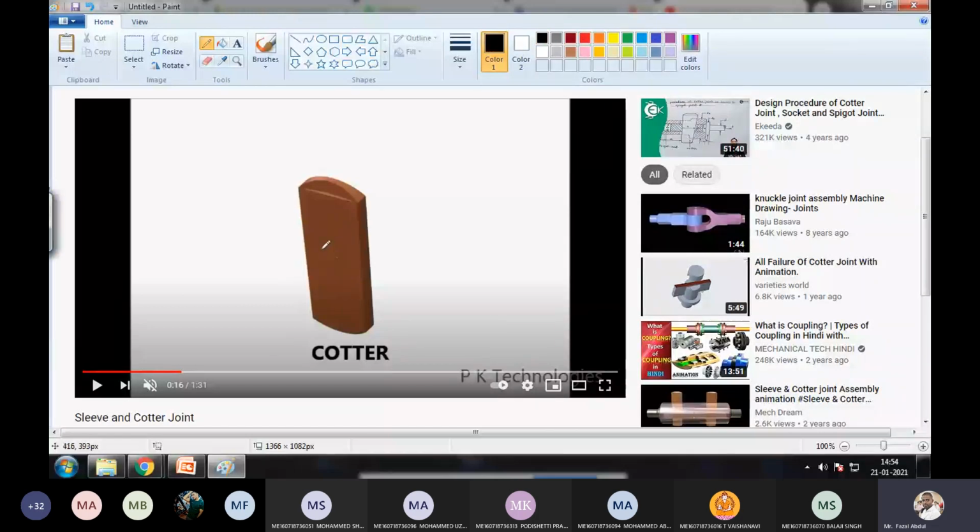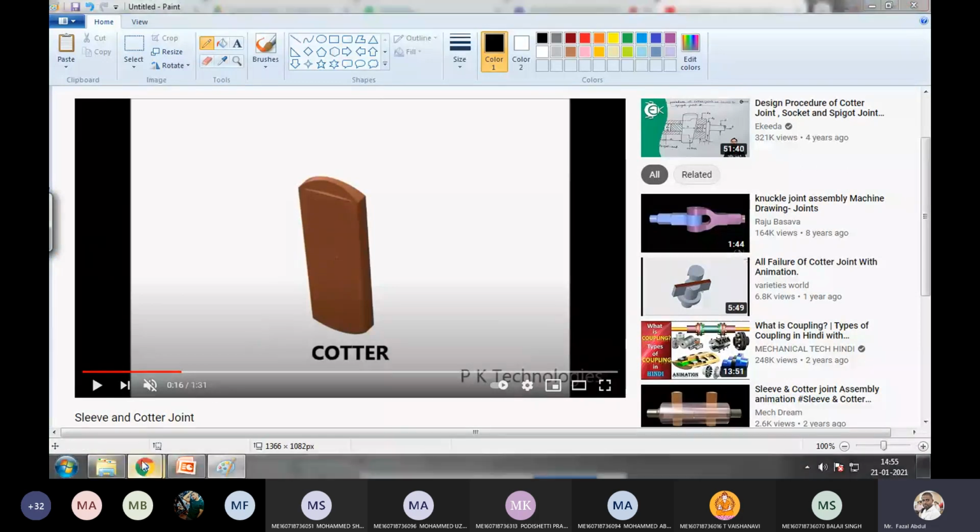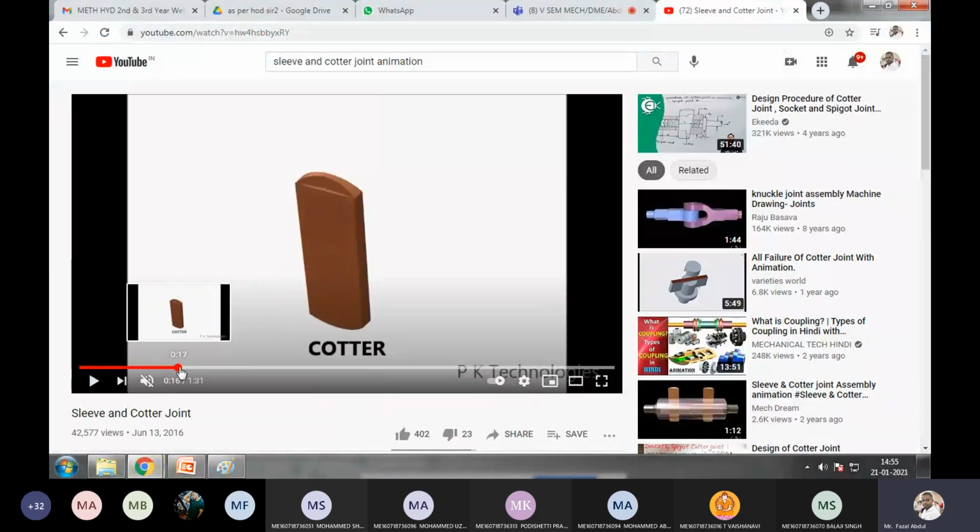Now see here, because of the quarter, one more diagram.